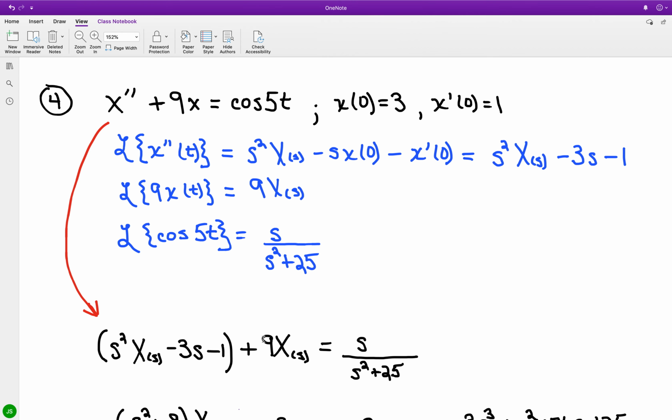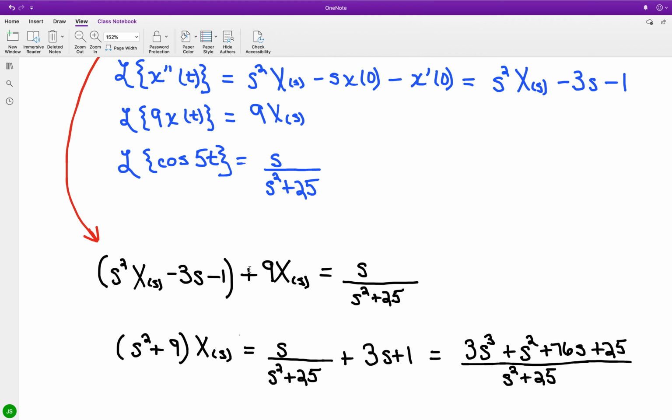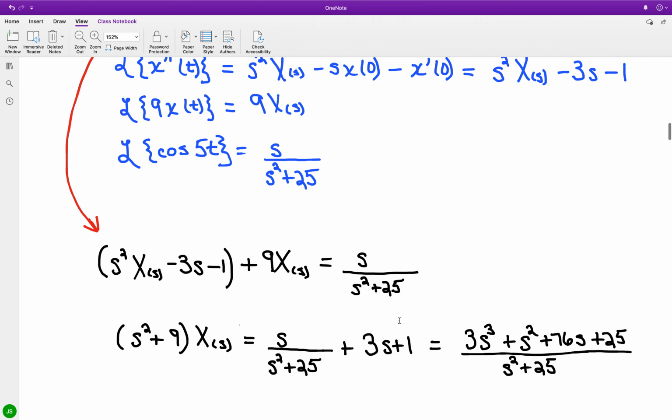Upon substituting into the equation, as we combine our Laplace transform of x terms, we have the coefficients s squared and 9, and we move 3s and 1 to the other side to join with s over s squared plus 25.